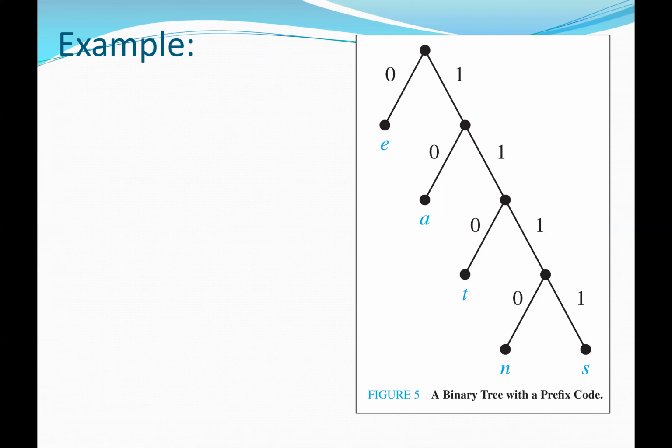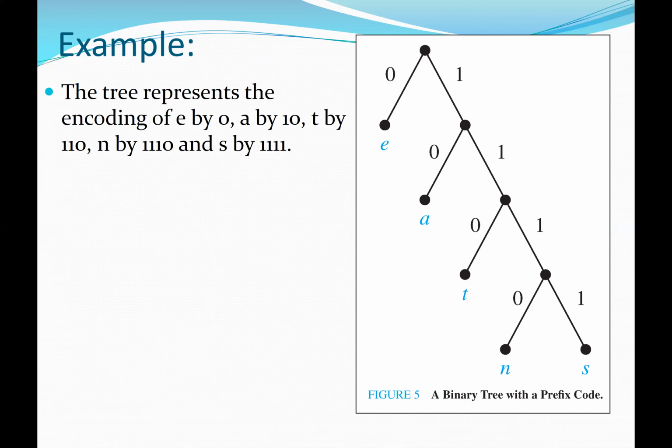So if you take a look at the idea here, if you want to travel to E, the code will be 0. You want to travel to A, the code you need to go through will be 1, 0. And you want to travel to T, the code will be 1, 1, 0, right? So you always start with the root.